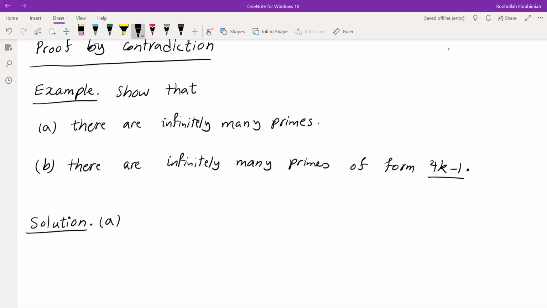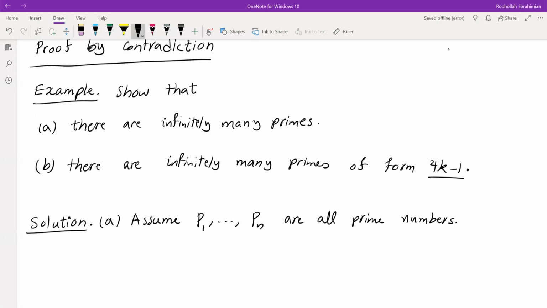As you know, for prime numbers, there's not really a formula that you can come up with. So it's better to assume that there are only finitely many and then get a contradiction. So assume there are only finitely many. Assume P1 all the way to Pn are all the prime numbers.